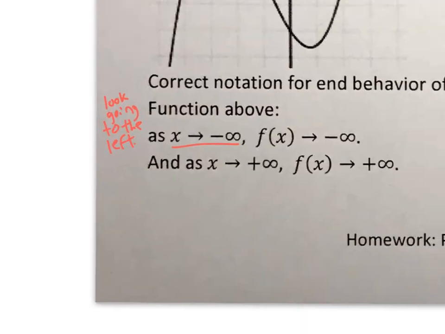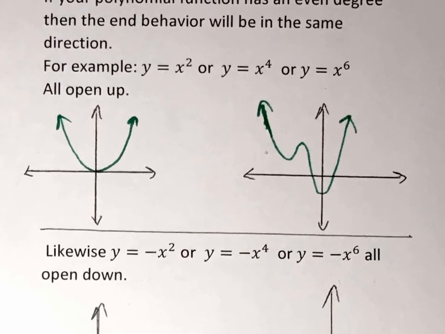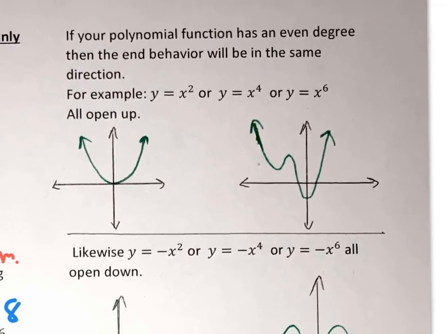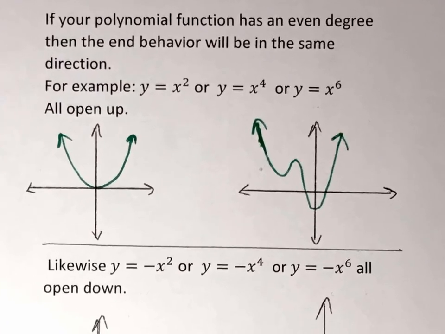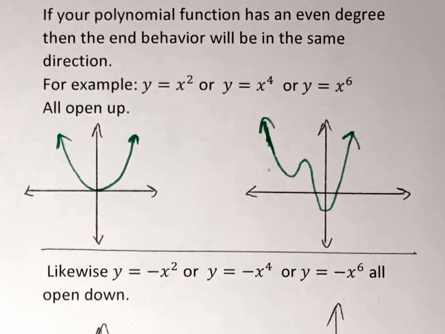So let's go back over here. Now you guys are going to have to copy a couple of these down. I didn't get a chance to get the graphs on there, so you're going to have to copy them down. Up here it says if your polynomial function has an even degree, then the end behavior will be in the same direction. For example, y equals x squared, y equals x to the fourth, y equals x to the sixth. But they don't have to be that simple.